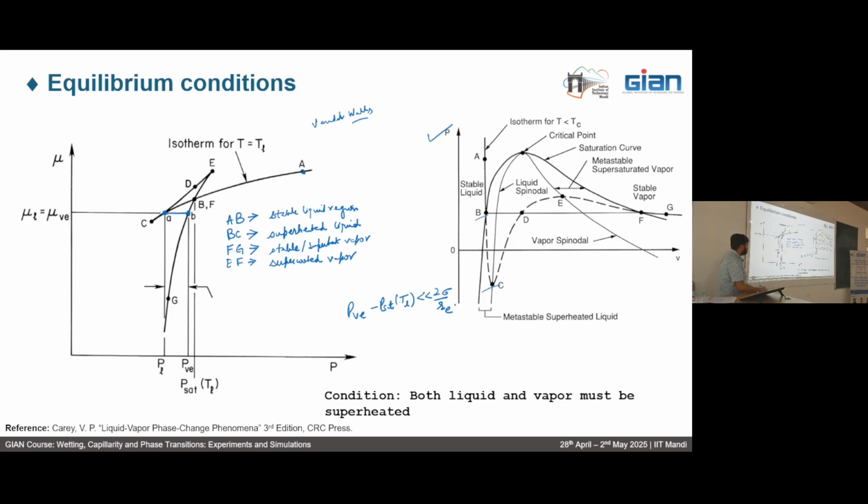Here PVE is the pressure of vapor, P saturation is the saturation pressure at temperature TL, and PL is the pressure of the superheated liquid. If you see the magnitude, PVE minus PL, which is 2 sigma by RE, is much less than PVE minus P saturation. So our assumption holds true there.